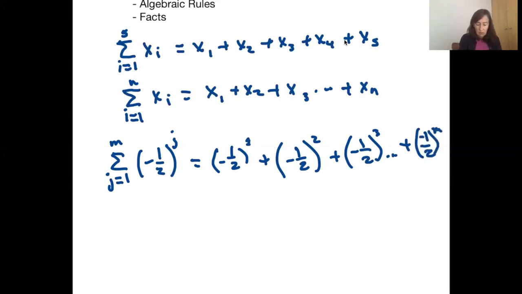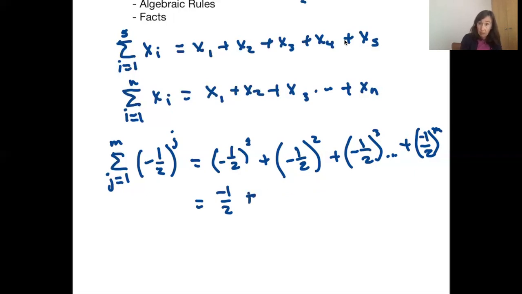Okay. If we want to simplify that a little bit, we could actually substitute in for those powers. -1/2 to the first power really is -1/2. -1/2 to the second power is positive 1/4.